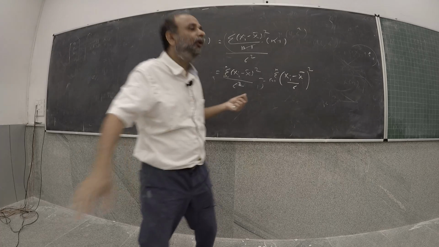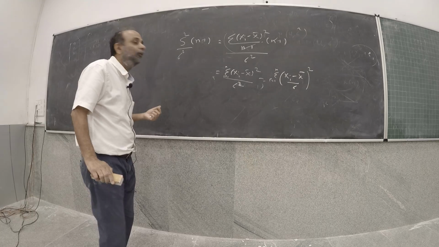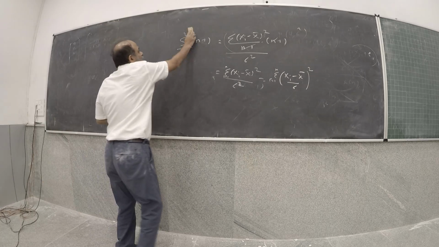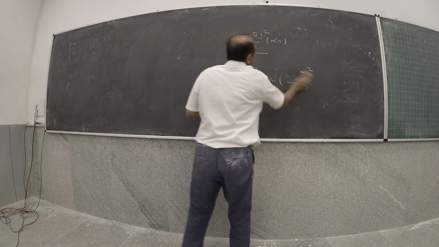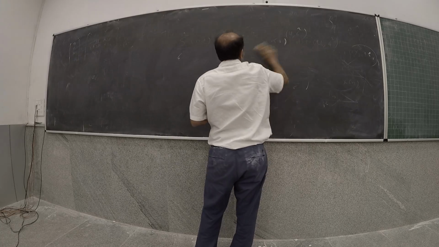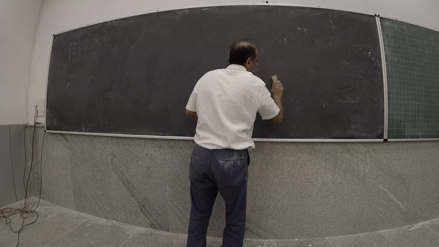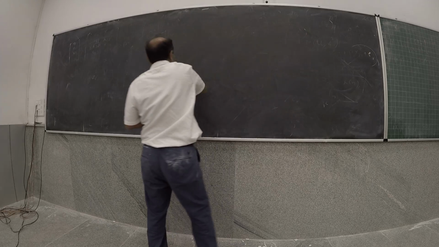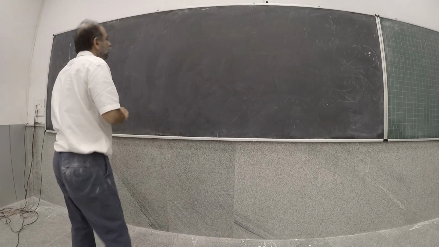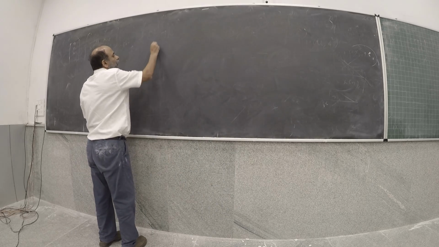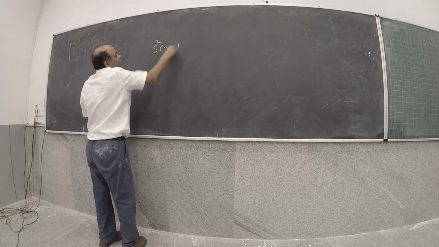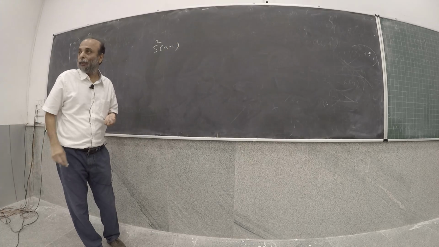Sure? If you want to see it more formally, I can do it more formally. The more formal way is also useful, so let's do it. See, think of s square into n minus 1.